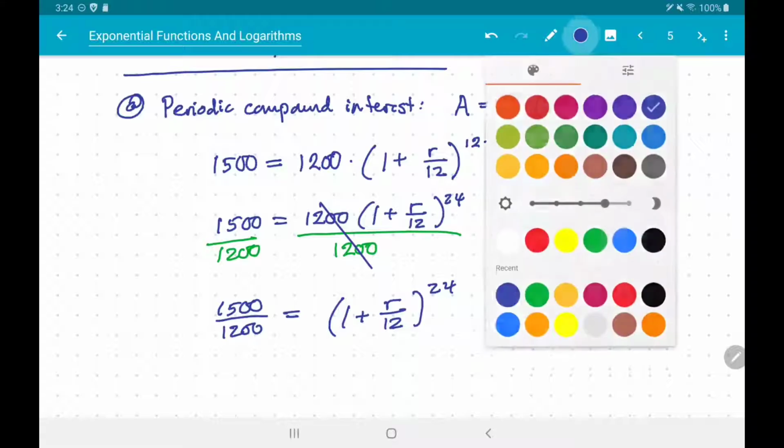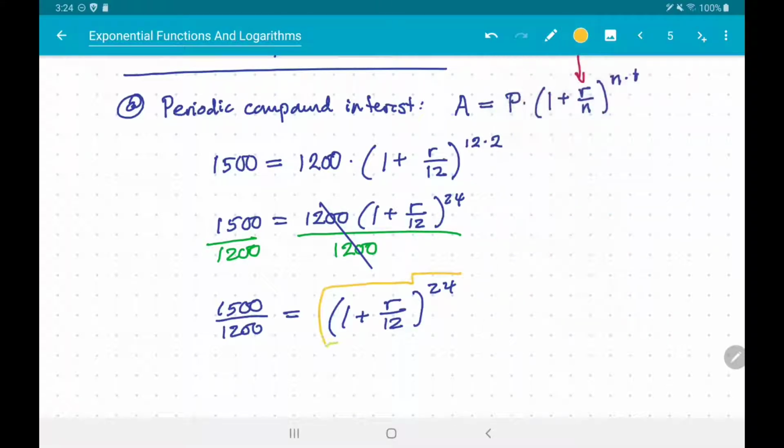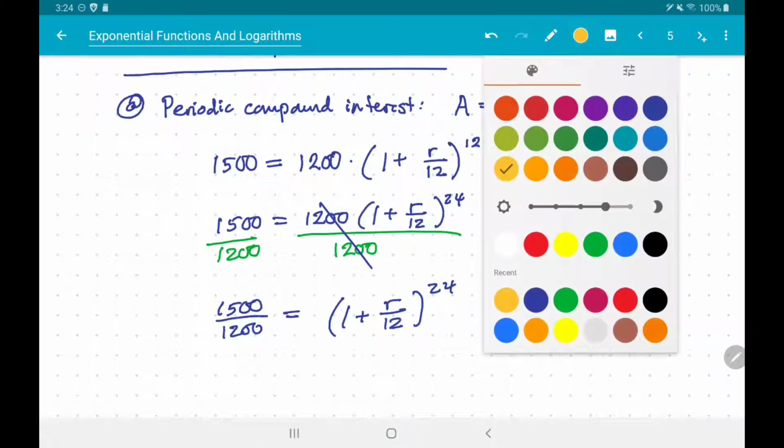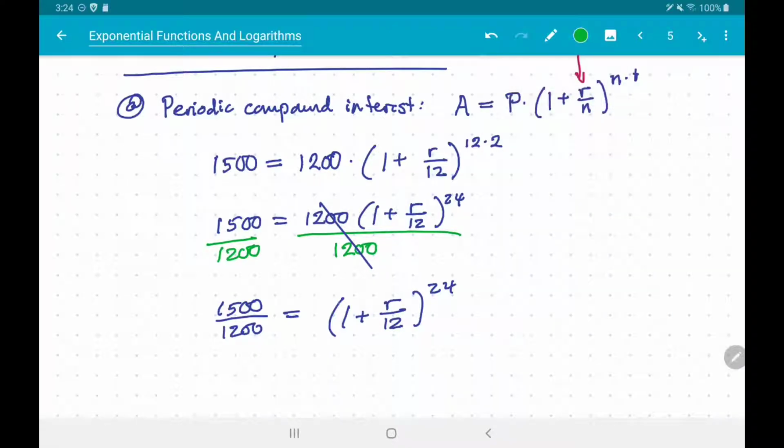The next operation is power 24. How would you undo power 24? Well, if you're thinking logarithm, there is a way to do it that way, but it turns out that it's going to be better to apply a power to both sides because this power is constant.